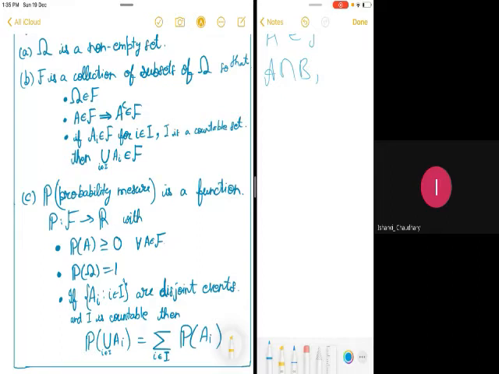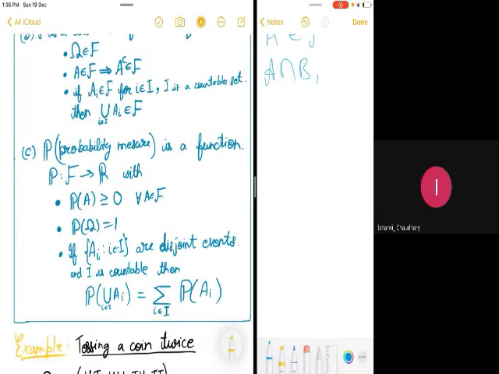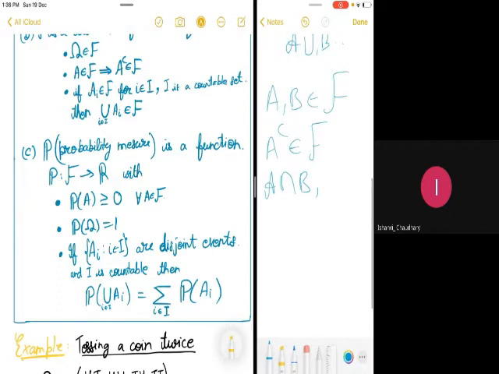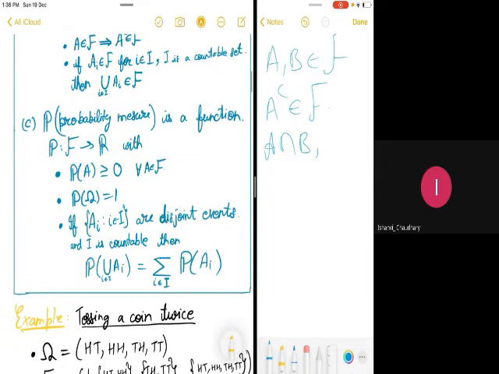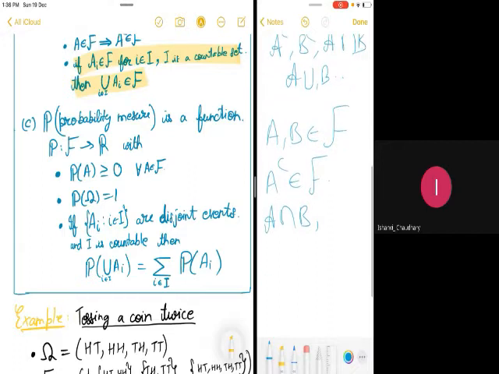And if a set A belongs to F, then A complement also belongs to F, as we saw. We also need that if the A_i are a countable set of events which belong to F, then their union also belongs to F. Now, these three would actually imply that the intersections and the other things also belong to F.